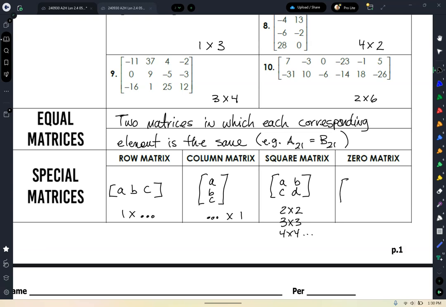Then we could have something called a zero matrix. And this is where all elements equal 0. And it doesn't matter what the rows and columns are. If all the elements in the matrix equal 0, it's called a zero matrix.